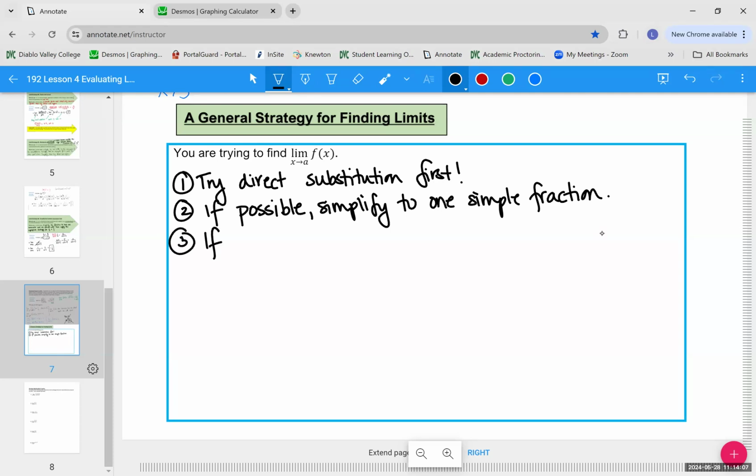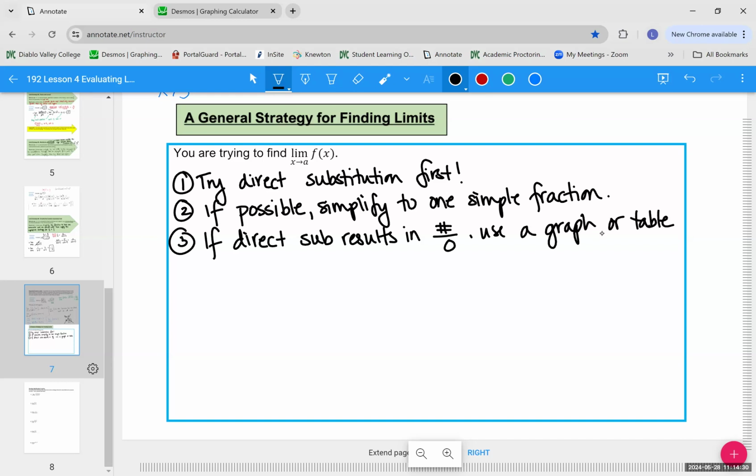Now, if direct sub results in a number over 0, use a graph or a table of values to determine if it's going to go to positive infinity or negative infinity.